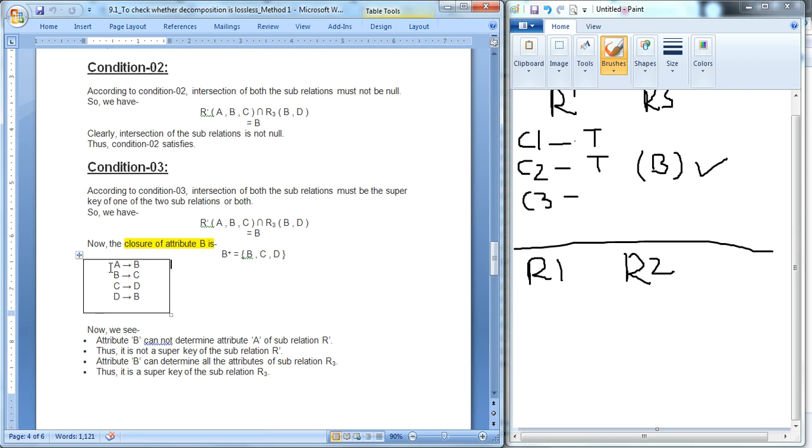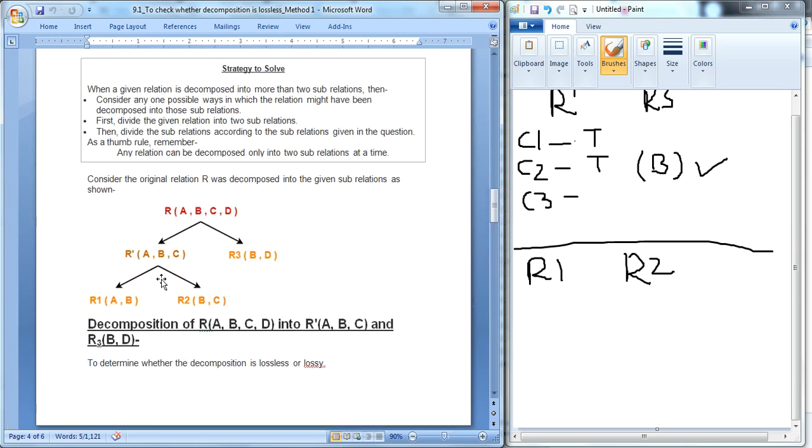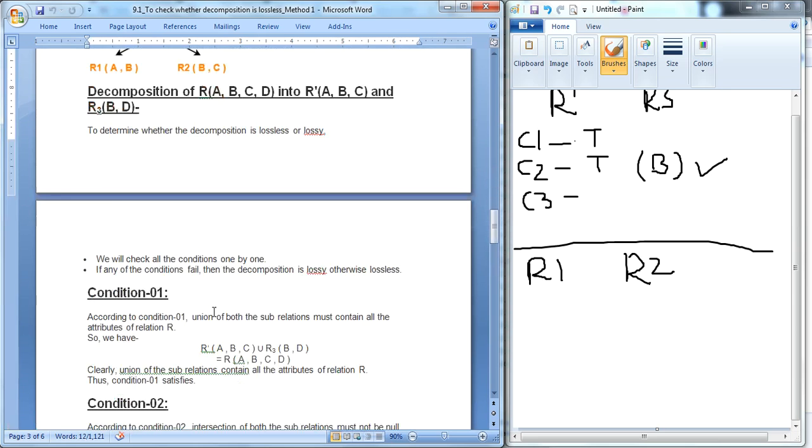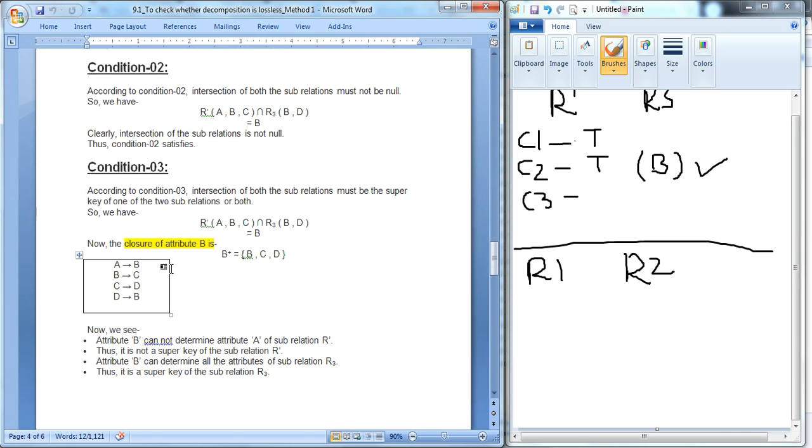Now if we go with the given relation, if we check B, the closure of attributes means what? We have the given relation. We check the closure of B: B has a relation with itself, that's why B is here.